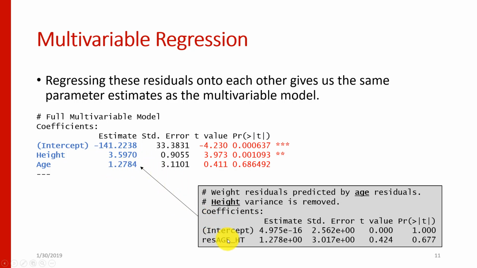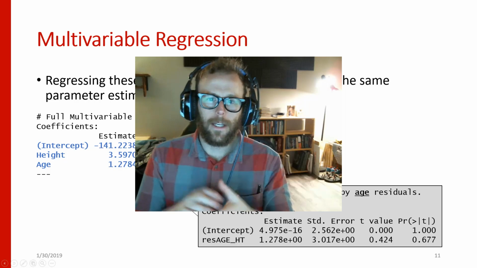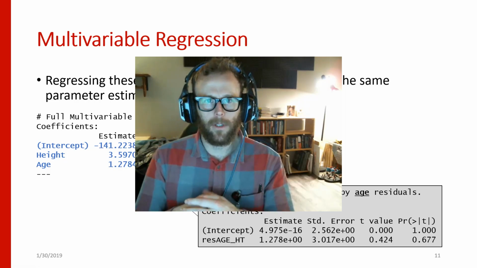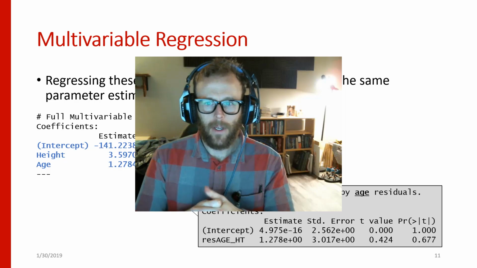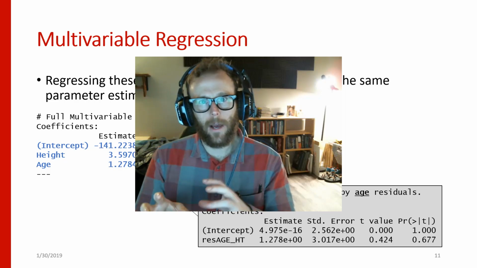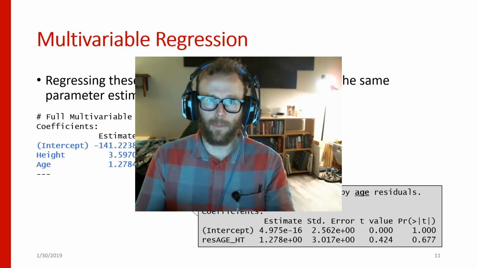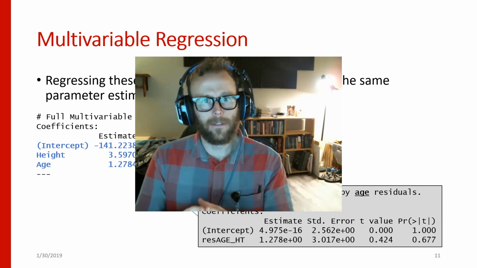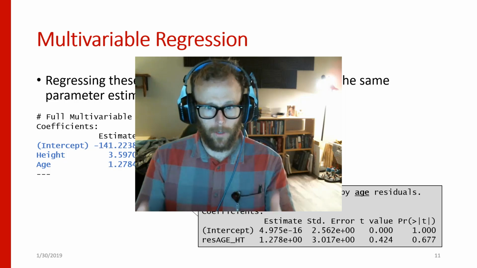And we get the exact same parameter estimate in our model where we're regressing sets of residuals onto each other here. So again, hopefully that helps clarify what it means when we're controlling for a variable in a multivariable regression model. This shows you how R is actually deriving those parameter estimates when we run that LM command to start a multivariable regression.